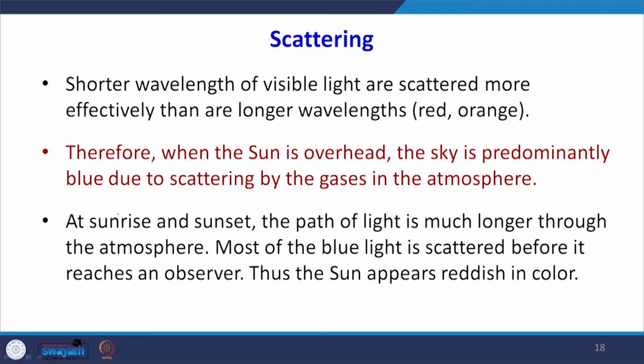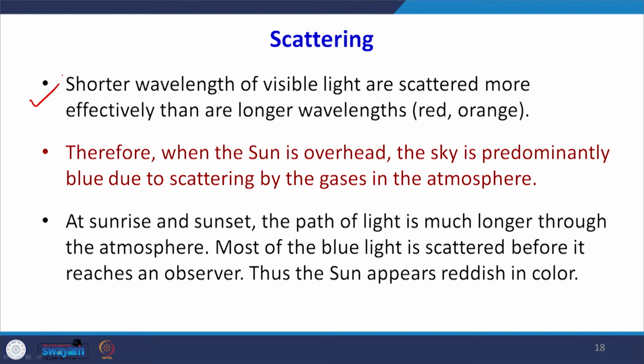Now we observe that short wavelengths of visible light are scattered more effectively than the longer wavelengths. So shorter wavelengths, like the ultraviolet and blue region, are scattered more as compared to the longer wavelengths, and because they are scattered more, we can see the blue color of the sky in the morning, although the sky is colorless, because the blue part of the spectrum is scattering more in the atmosphere.